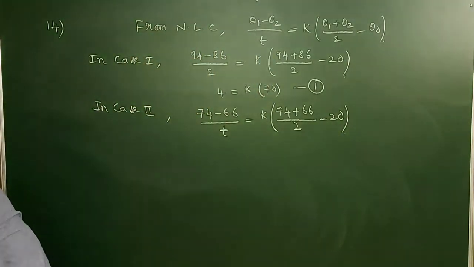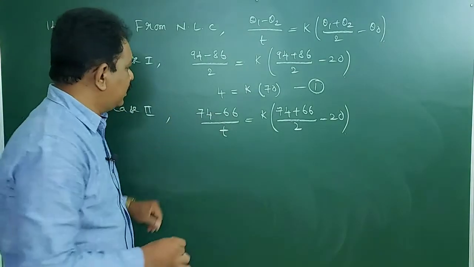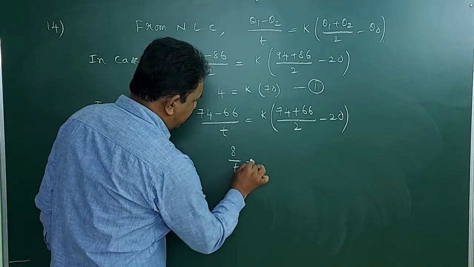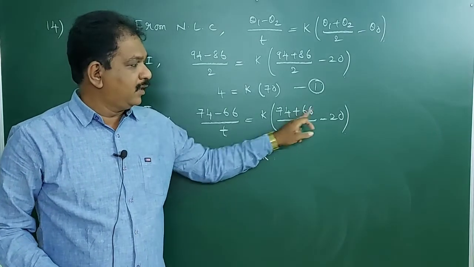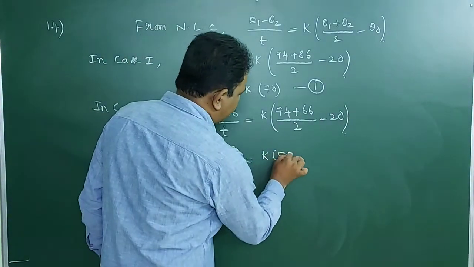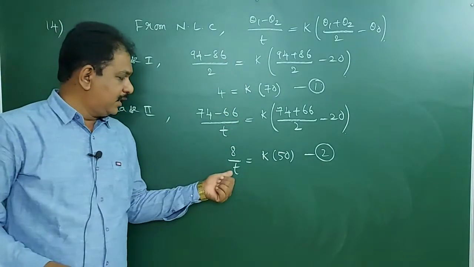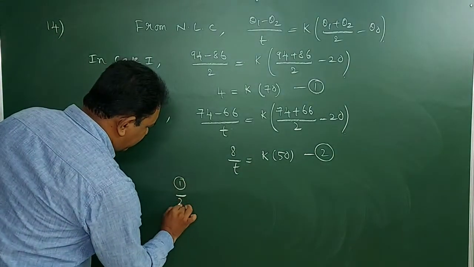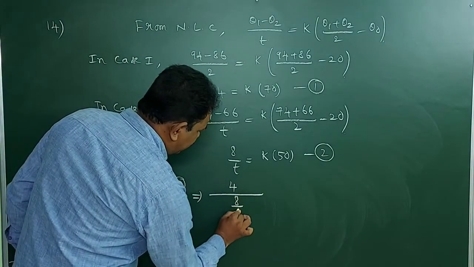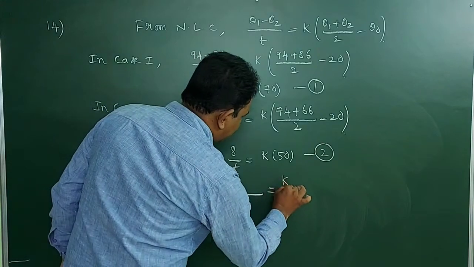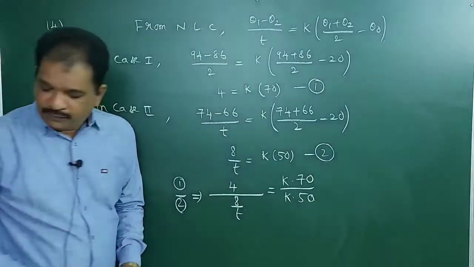Now try to calculate. 74 minus 66 means again 8, so 8 by T is equal to K into (140 by 2 means 70 minus 20), this value will be 50. Do 1 by 2 and you will get the T value: 4 divided by 8 by T is K into 70 by K into 50.